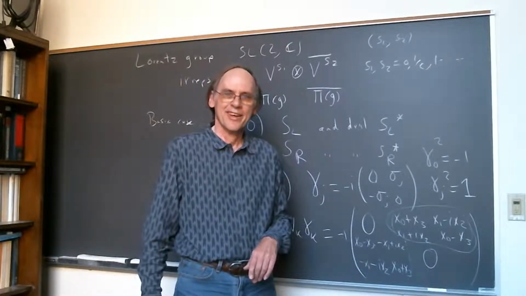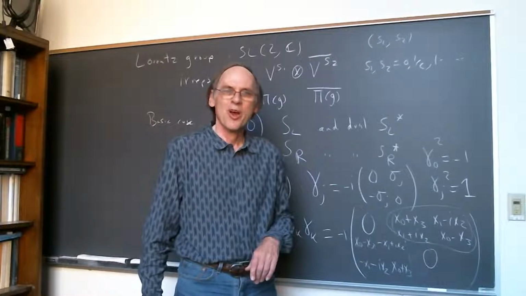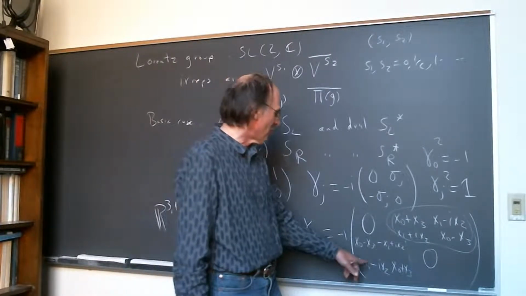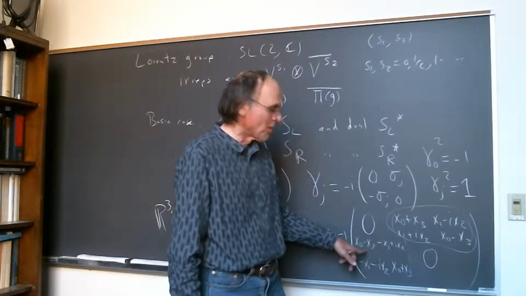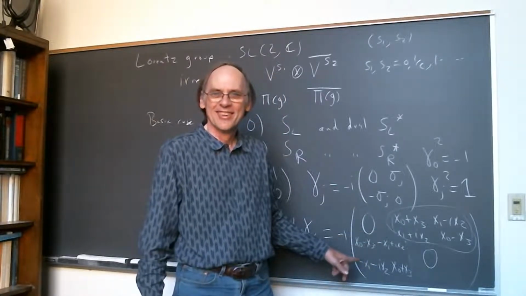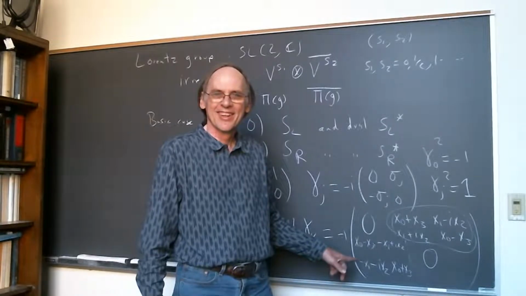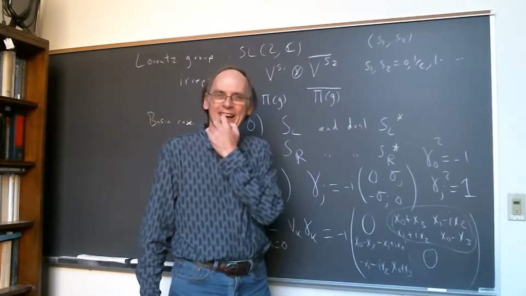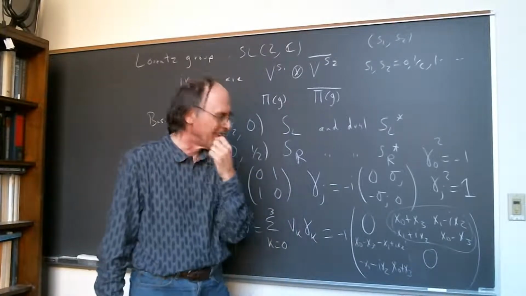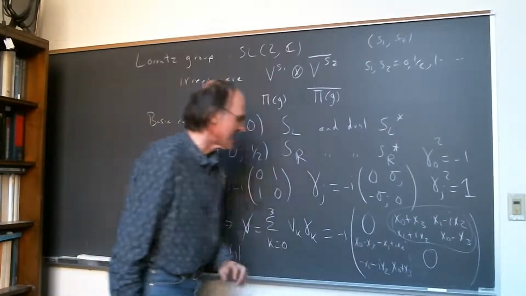Is that right? Well, I'm not very sure about that. Where are you seeing a problem? I'm just not seeing it. Maybe there's a change of sign. Okay, anyway, it's possible.